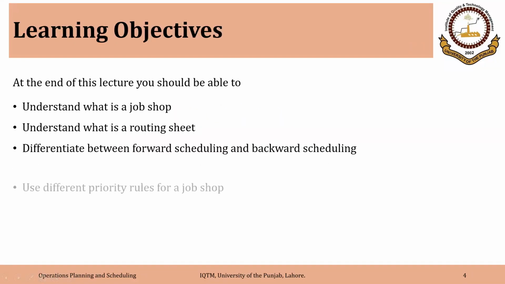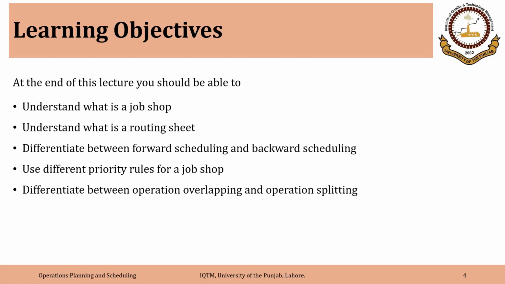So at the end of this lecture, you should be able to understand what is a job shop. In fact, we have already discussed that in the very first lecture. So we will review those basics and we will build on those basics about job shops. One of the important documents that is used on the production floor in production of any product is a routing sheet.